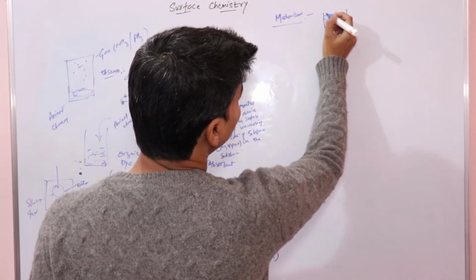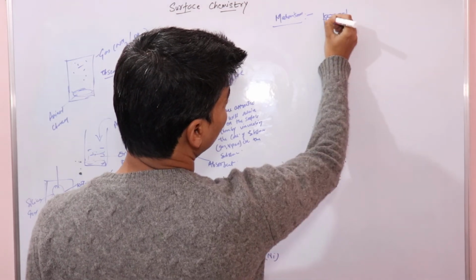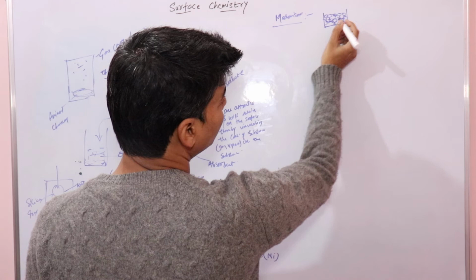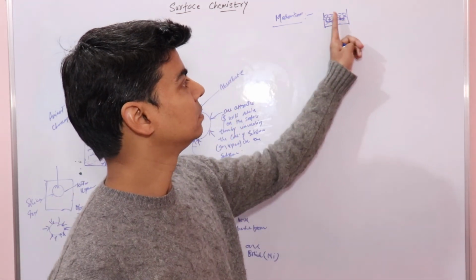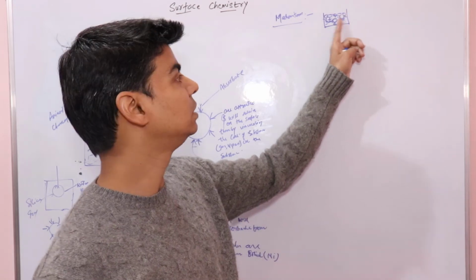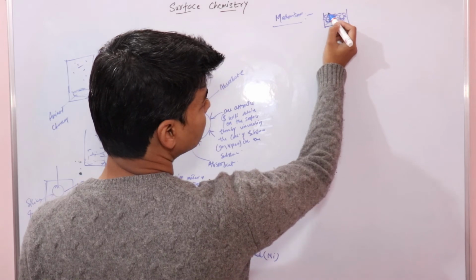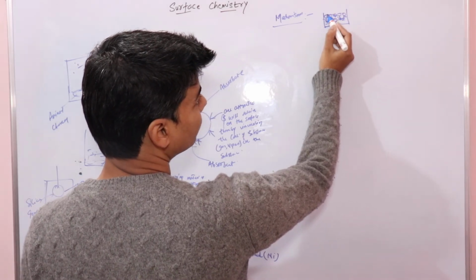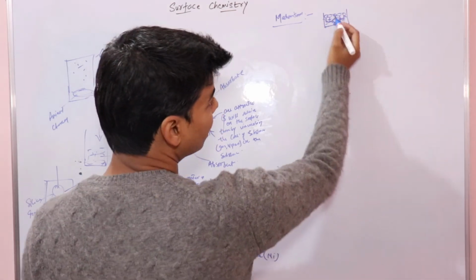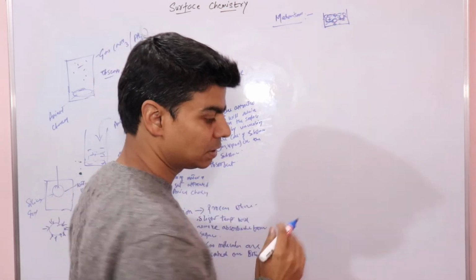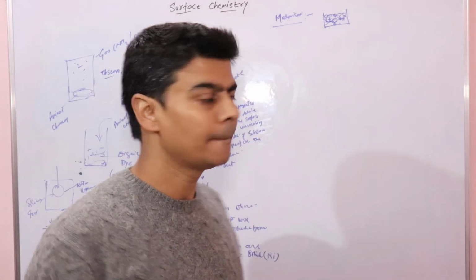But the liquid molecules at the surface are only attracted by the molecules just beneath them, and there are no liquid molecules above the surface to attract them. So these surface molecules face unbalanced forces.